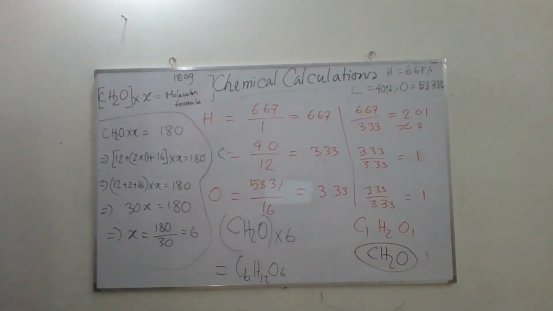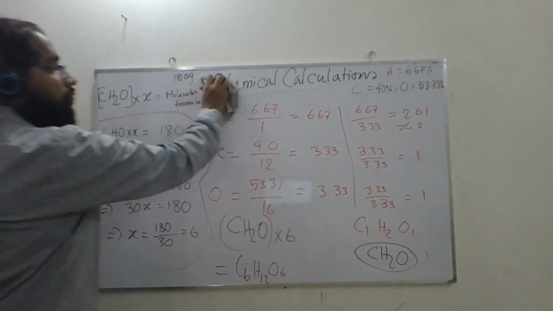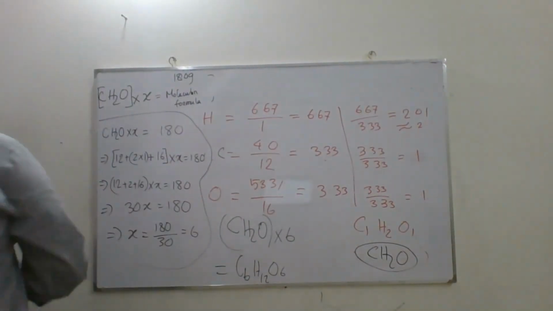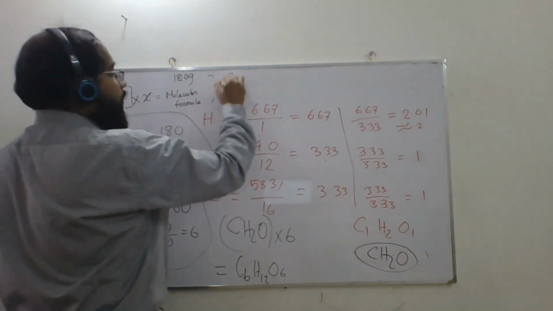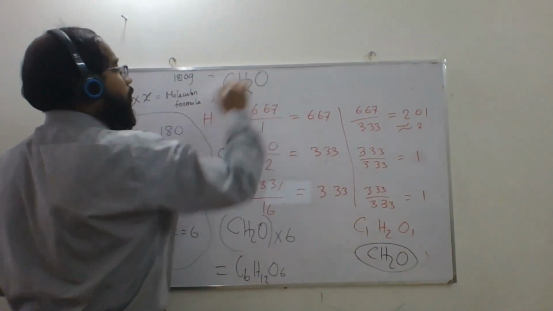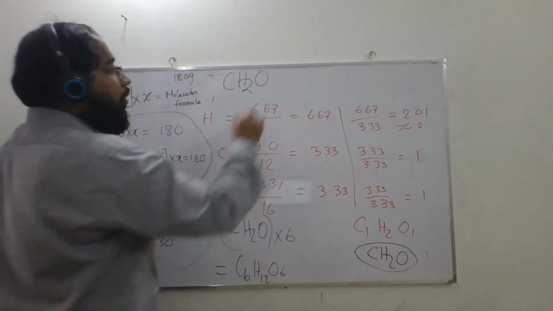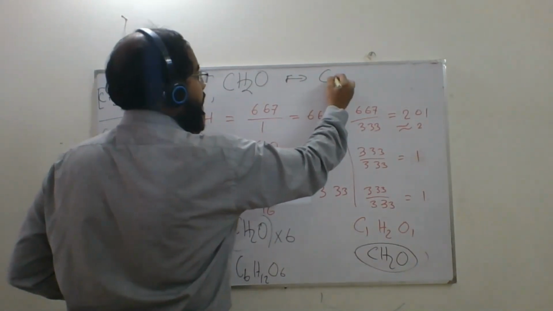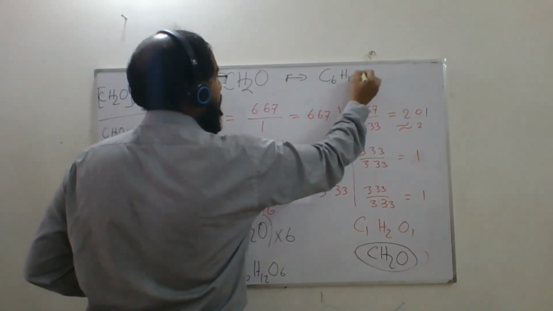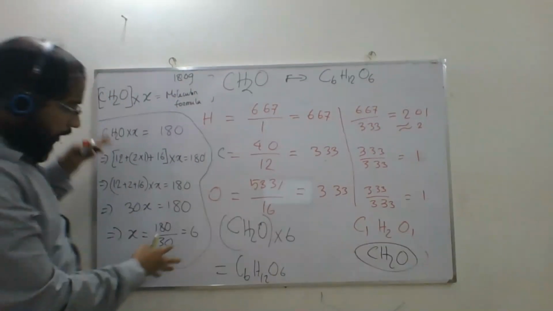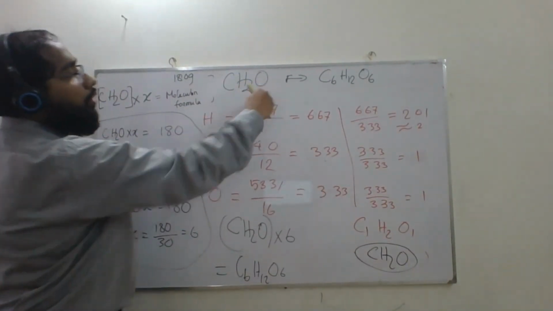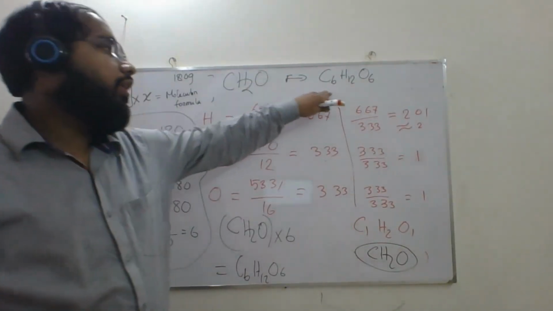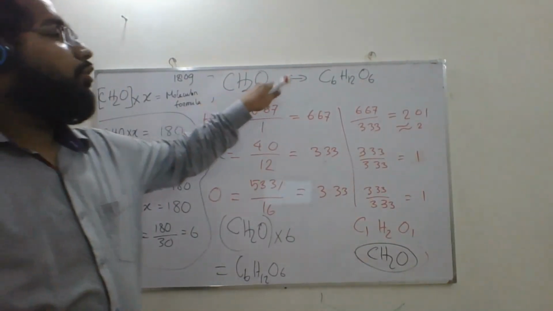So from this calculation we find out the empirical formula of our compound, the given percentage, is CH2O, and the molecular formula we calculated is C6H12O6, because from the density we calculate the factor which, multiplied by the empirical formula, will give the molecular formula. It is 6. So C6H12O6.